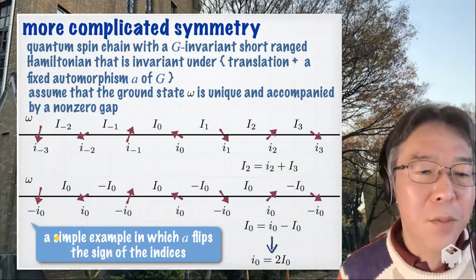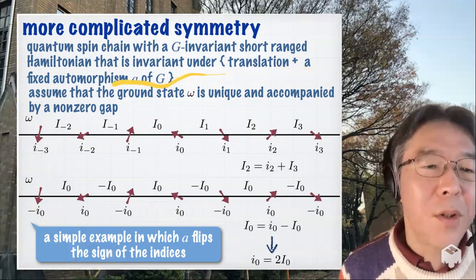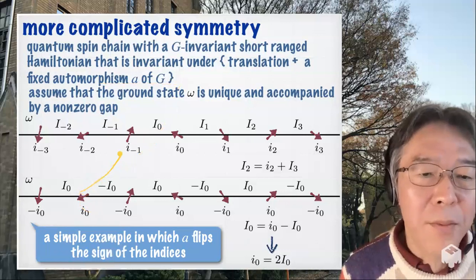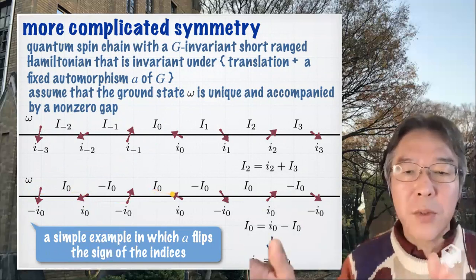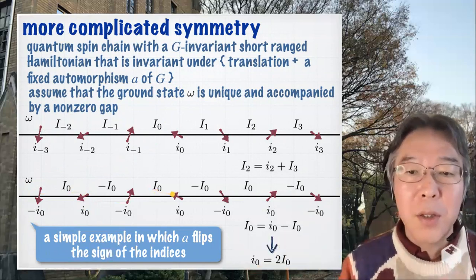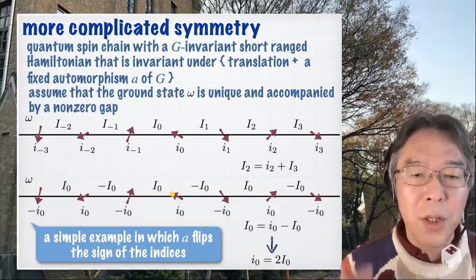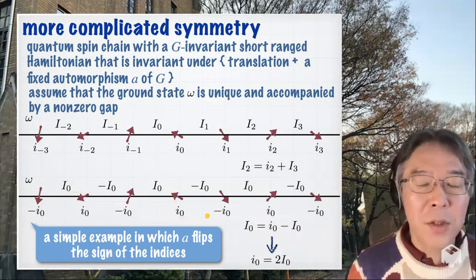So here's an example. You can consider much more complicated symmetry like translation with some additional transformation. So in this case here, I depicted the case where the ground state is invariant under lattice transformation and the transformation which flips the sign of all the indices, including the spin indices, and of course the Ogata indices are flipped.